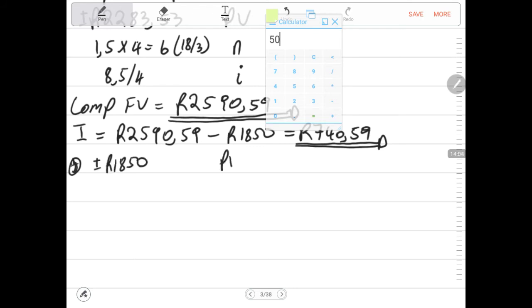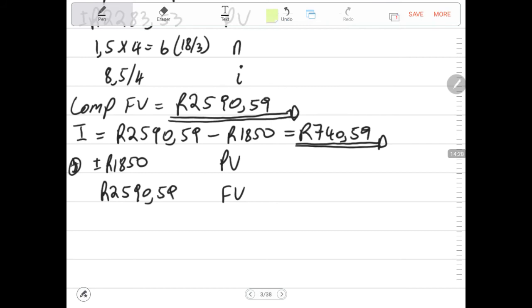1,850 was the present value initially invested. Then after 50 months, we had an amount of 2,590 rand 59 cents, which is our future value after 50 months.